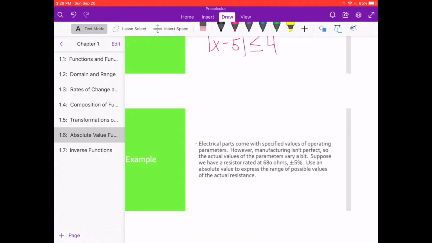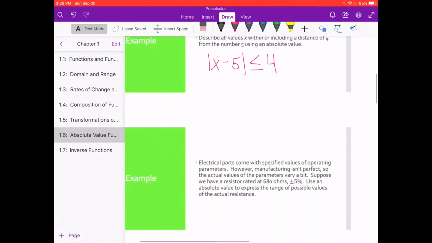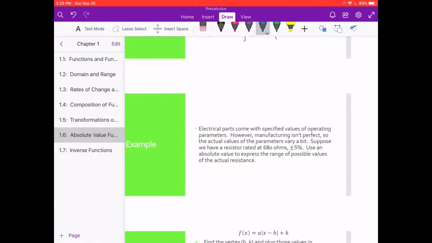We're going to use that same equation we used up here, the x minus target. So the absolute value of x minus our target resistance, 680, because that's what it's listed at, plus or minus 5%. That means it has to be less than or equal to 5% of the 680 ohms.